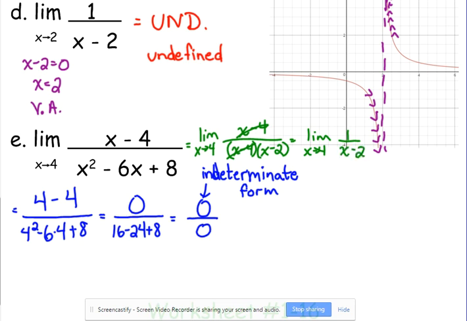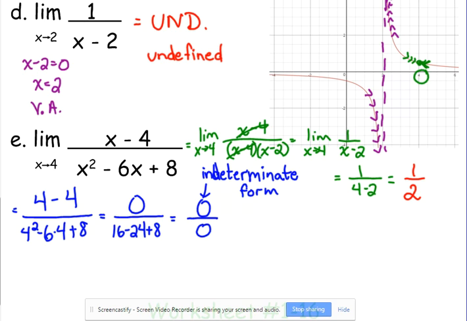Well, that was the function we were just looking at. So let's look at its graph. As we approach x equals 4 from the left and from the right, we have a y value on this one, and it's 1/2. Obviously, you could also plug this into the function here, 1 over 4 minus 2, and you get 1/2 as the answer. I just wanted to show you graphically and algebraically.